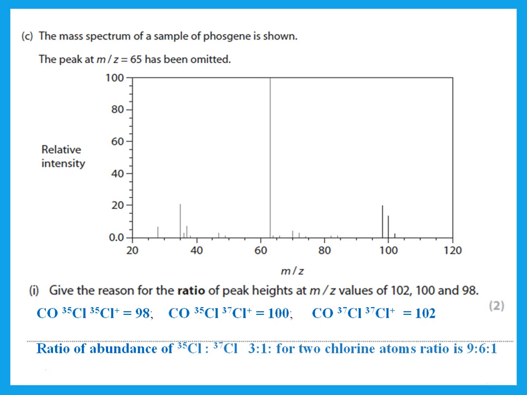Either both chlorines have a mass of 35, or one of them is 35 and the other is 37, or both of them are 37. And remember that the ratio of abundance of 35 to 37 is 3 to 1. So for these 2 chlorine atoms, the ratio of these peaks is 9 to 6 to 1. Remember that this was the mass spectrum that we discussed in Unit 1.